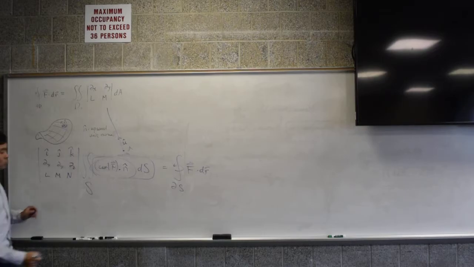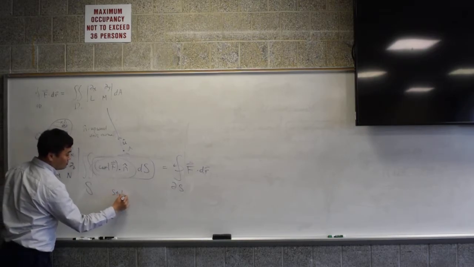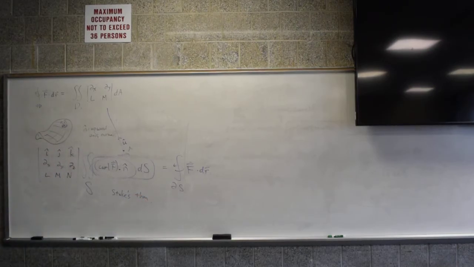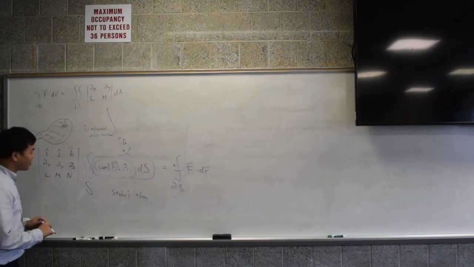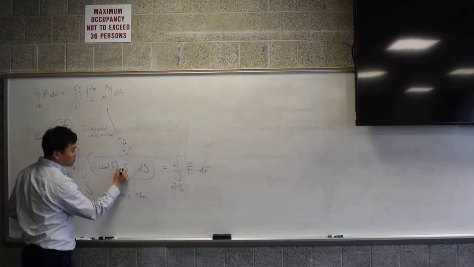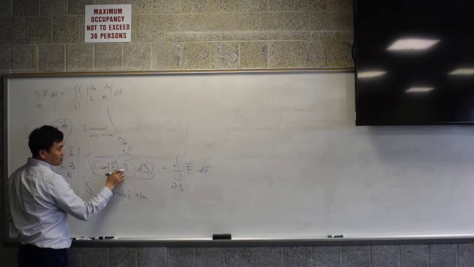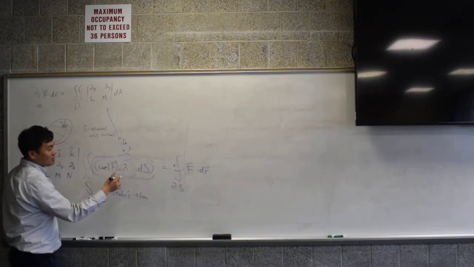And this theorem is called the Stokes theorem. And in most cases, instead of writing it this way, people just think about ds times the n vector as the magnitude and the direction, and think about a ds vector.